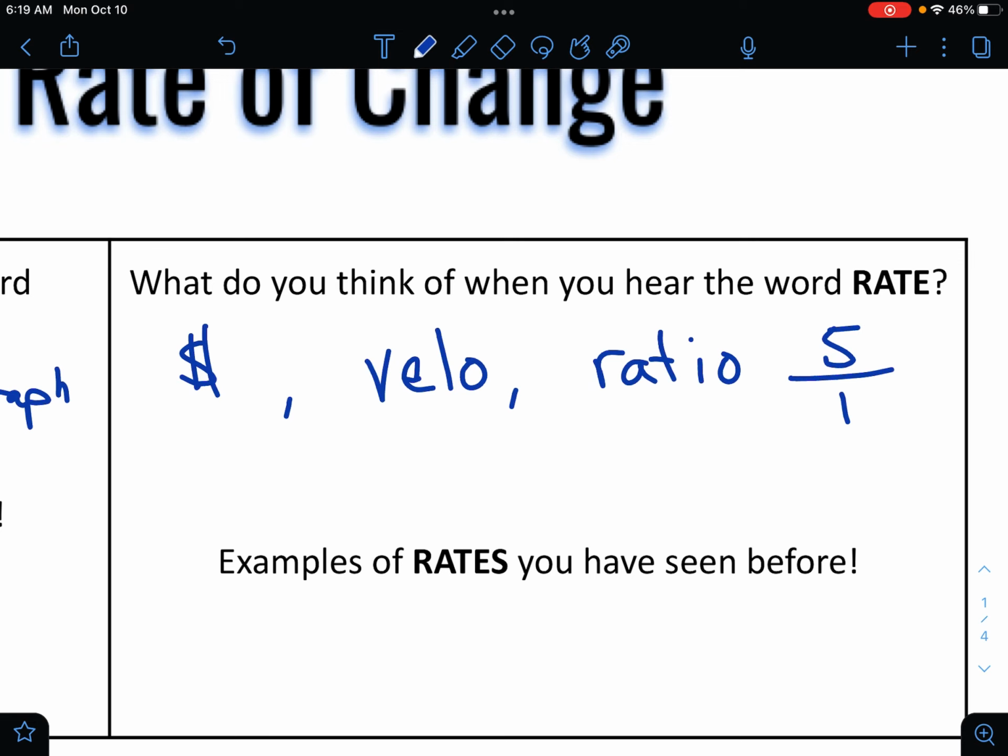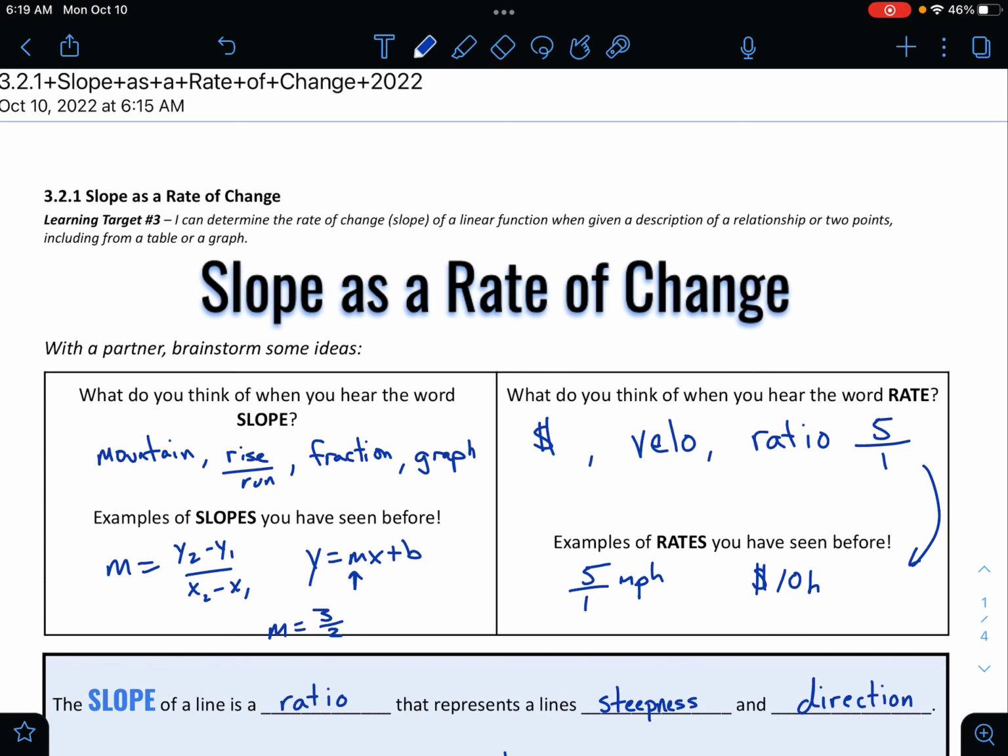So examples of rates that you might have seen before, you might have seen 5 miles per hour. You might have seen like, I don't know, it is $10 per hour, right? And so those are some different examples. If you haven't gotten those, maybe go ahead and write those down.